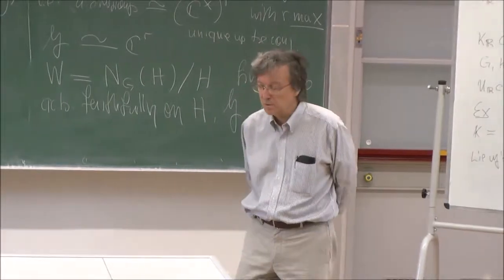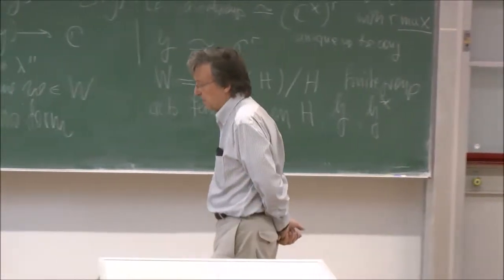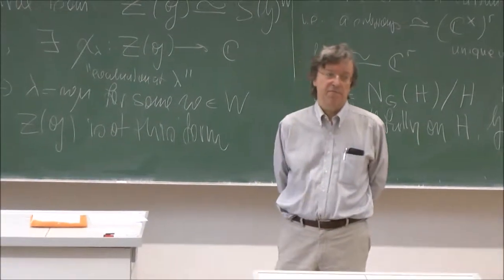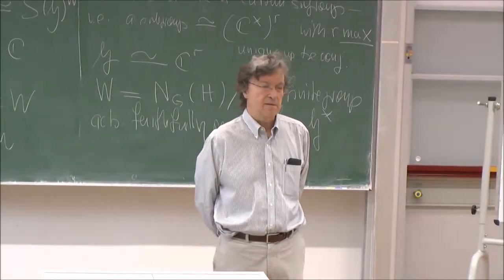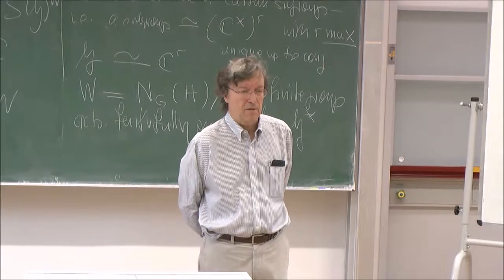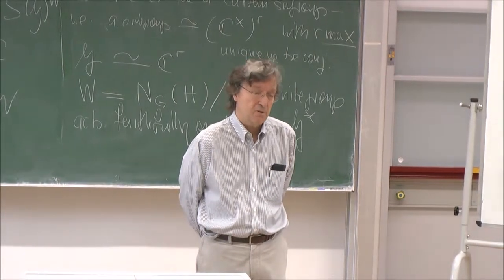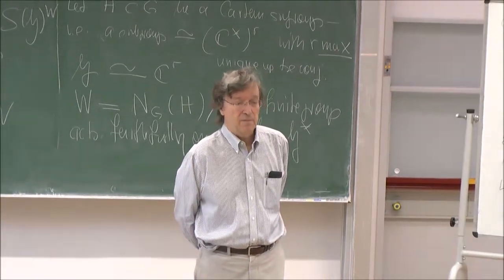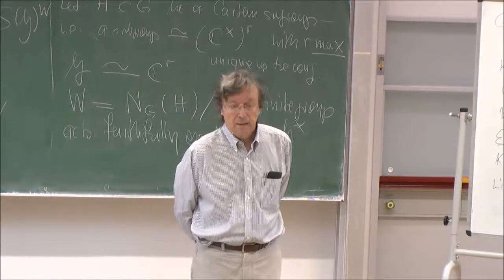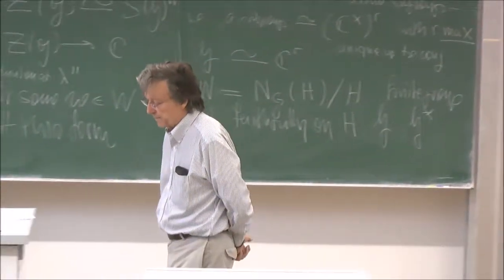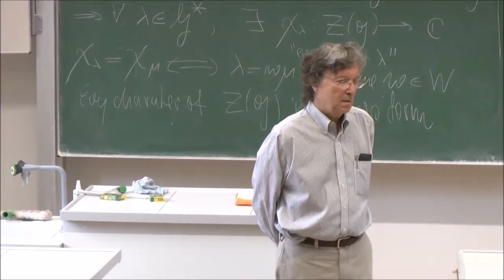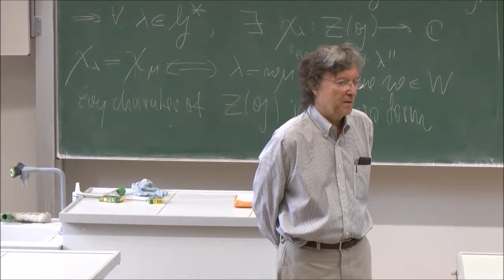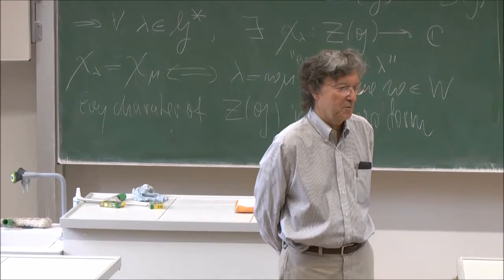You have line bundles, they have a GR-invariant Hermitian metric. There is a GR-invariant Hermitian metric, the natural one on the orbit. And then you can look at the L2 holomorphic forms that are L2.